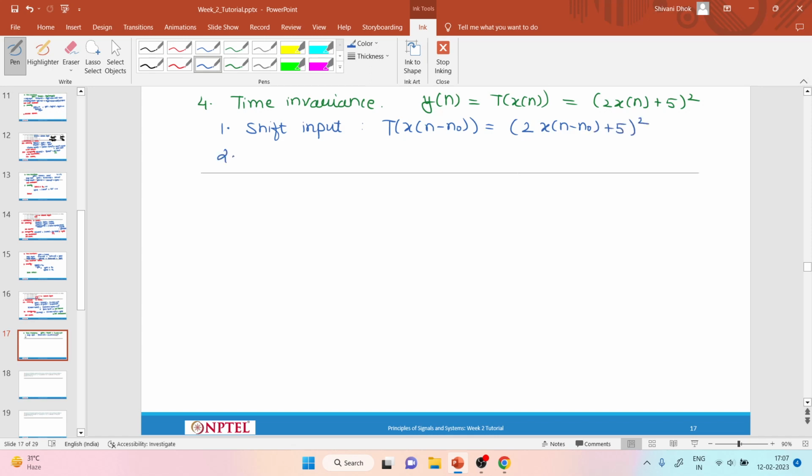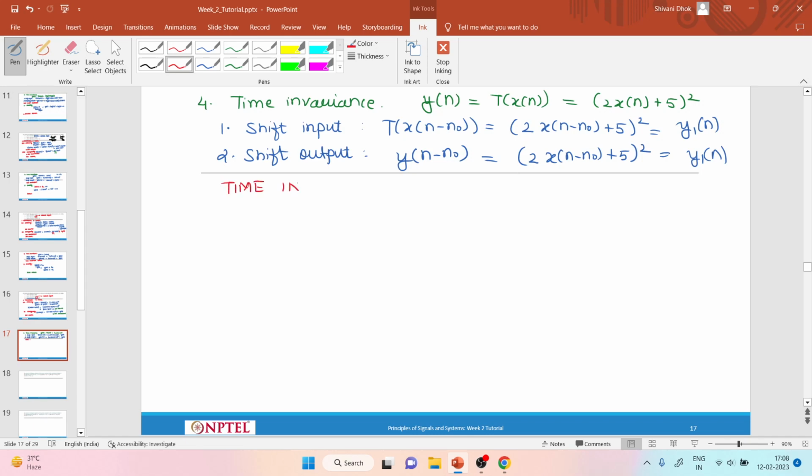Secondly, if I shift the output, then y of n minus n naught will again be equal to 2 times x of n minus n naught plus 5 whole square, and if I name this as y1 of n, then this will be equal to y1 of n. Since shifted input is giving me a shifted output with the same shift, this is time invariant.